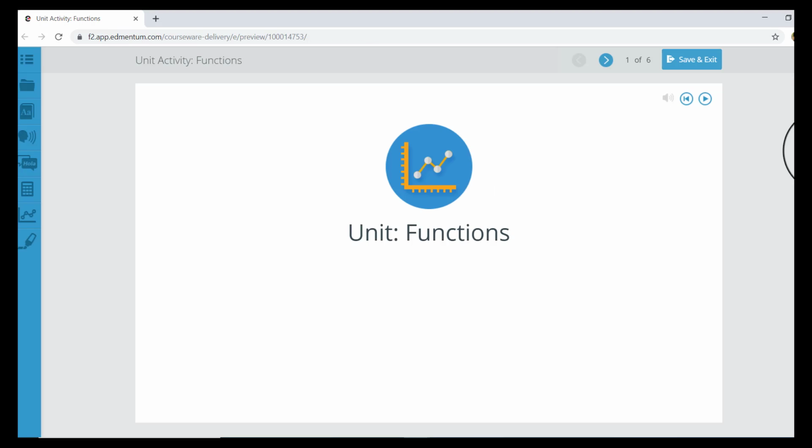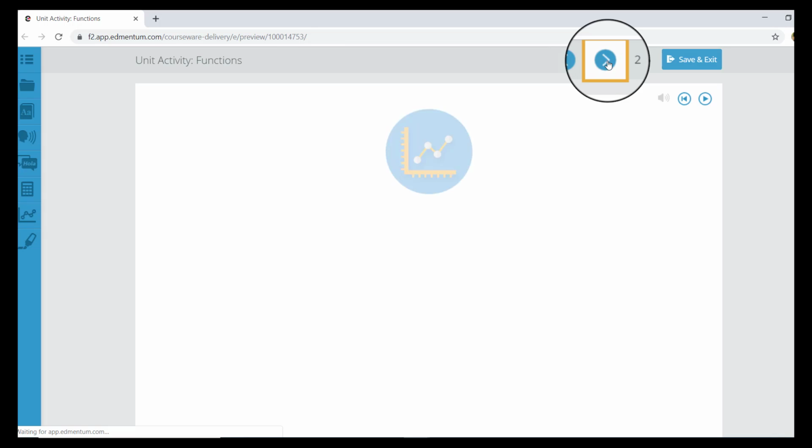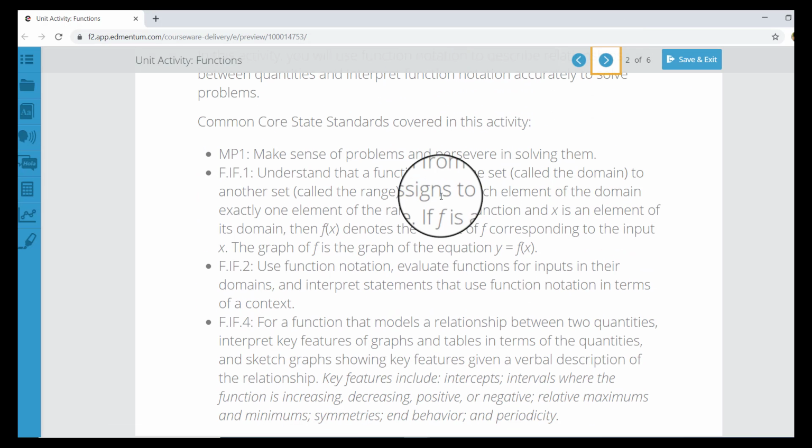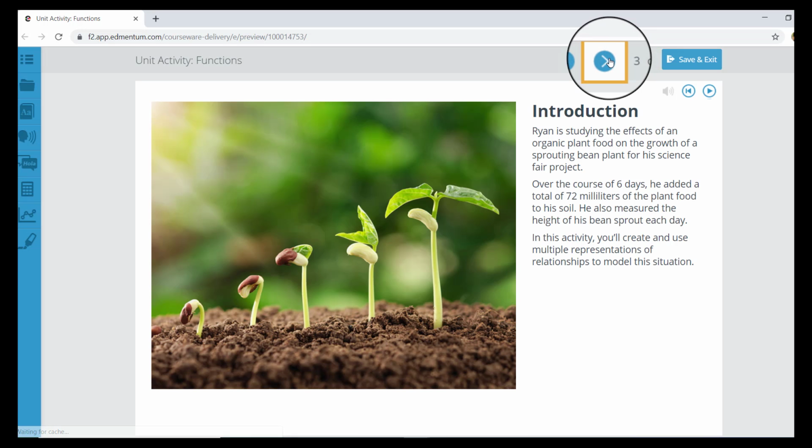Let's take a look at this unit activity from Algebra 1, Semester A, Unit 2. As you can see, we have the same tools available to us as in the modules. In this unit activity, they will list the objective followed by the mathematical practices and standards.